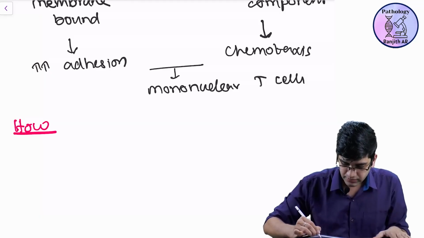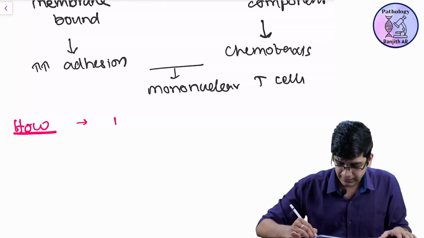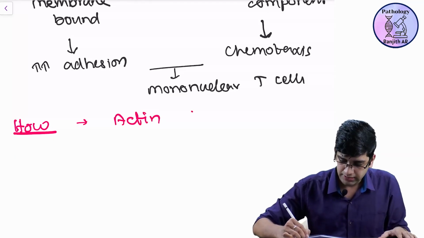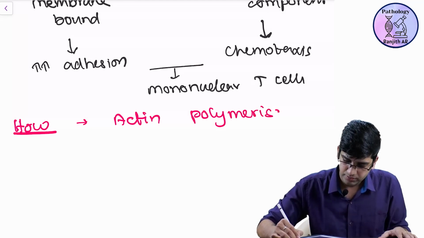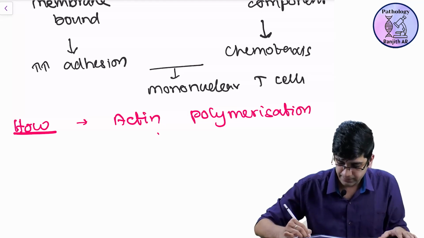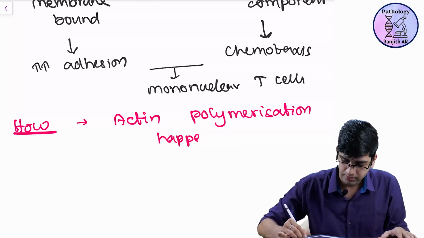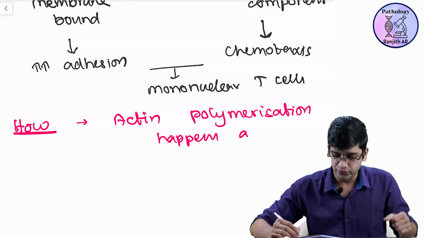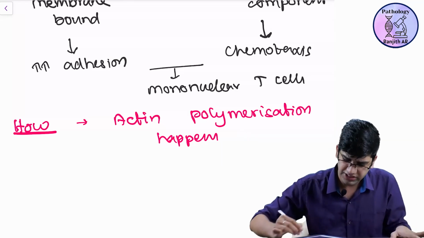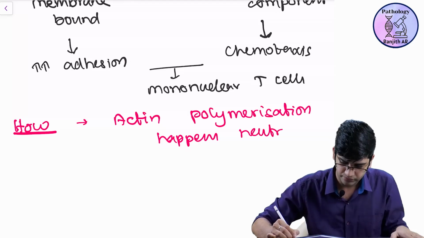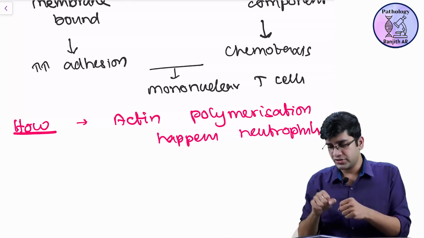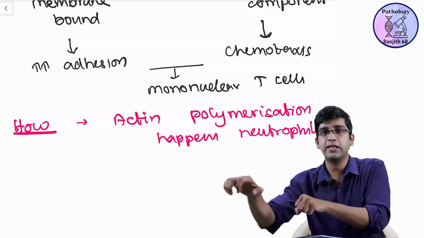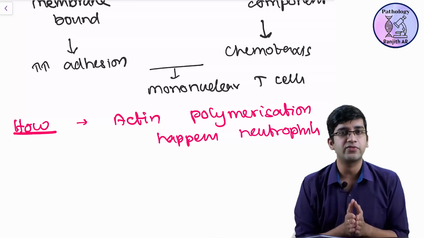At the leading edge of the neutrophil, you'll have actin polymerization, which helps in movement. That's all, right? So I'm going to have actin polymerization. I'm going to send out a pseudopod, keep on moving like an amoeba to the site of inflammation.